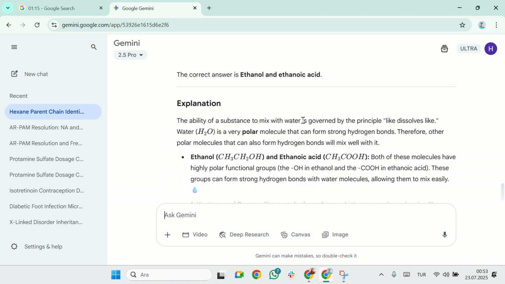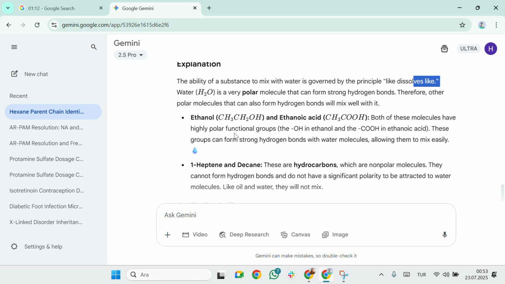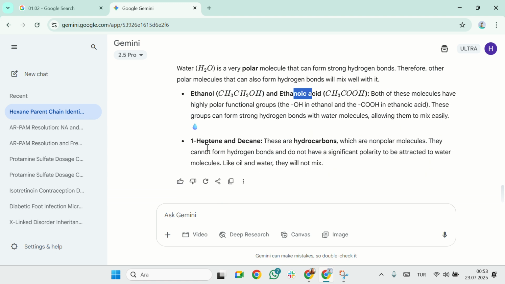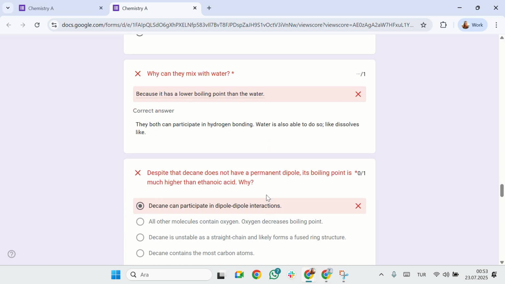It's the same thing. Ethanol is a polar molecule. Water is a polar molecule. So ethanol and ethanoic acid are polar, and heptane and decane are hydrocarbons, which means they are nonpolar hydrocarbons. Okay, I get it. I get it now.